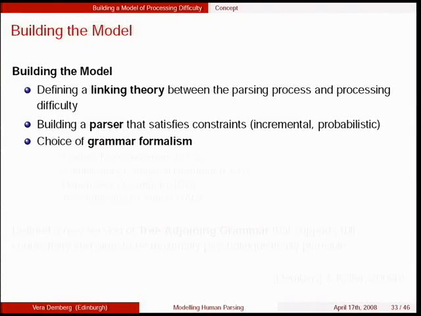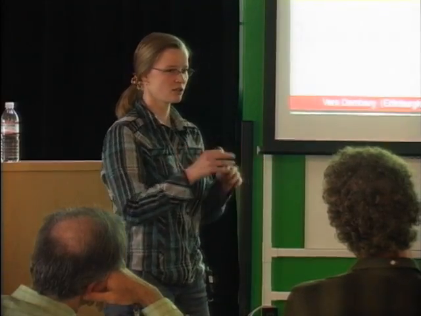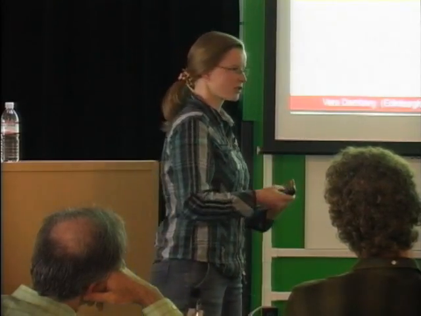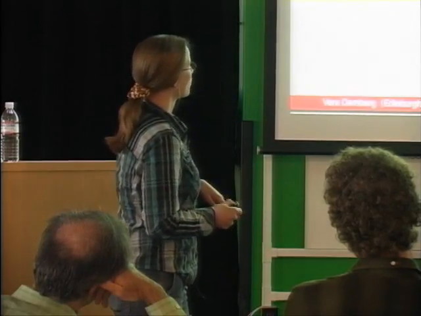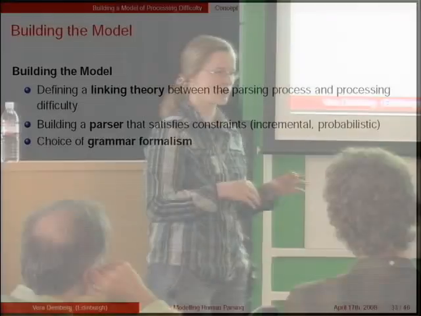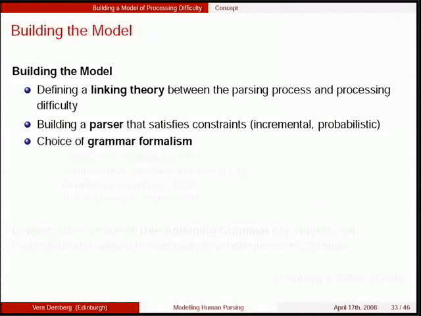In order to build such a model, I have to define the linking theory. This is essentially what I was just talking about on the last slide. Then I have to build a parser that satisfies the constraints that I gave in the beginning. It has to be an incremental parser in order to give us the right information to generate the expectations, and it has to be probabilistic, because I want to keep track of everything in parallel and know the probabilities of my expectations and analyses.